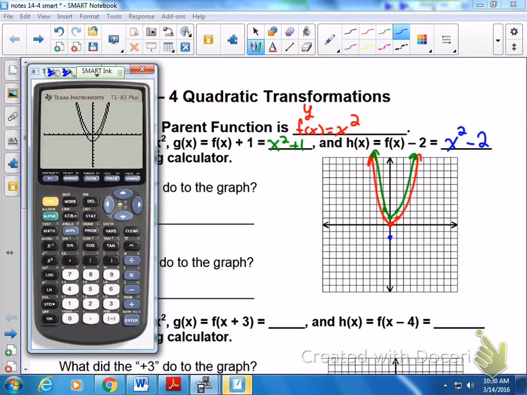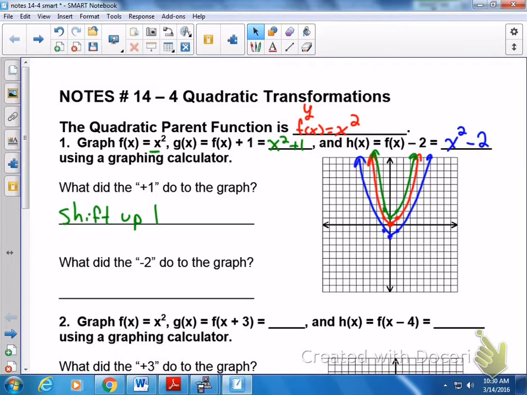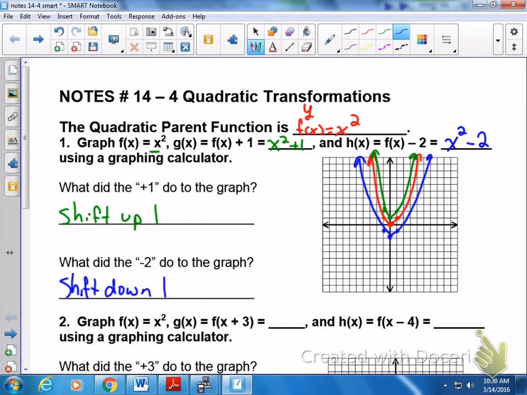I go over 1, up 1 on both sides of it to get my transformed parabola. So we can come over here, and it says, what did minus 2 do to the graph? It was a shift down 2, I'm sorry. So if I'm adding or subtracting something to the end of my equation, it's just going to shift it up or down. All right, let's go ahead and go to the next one.